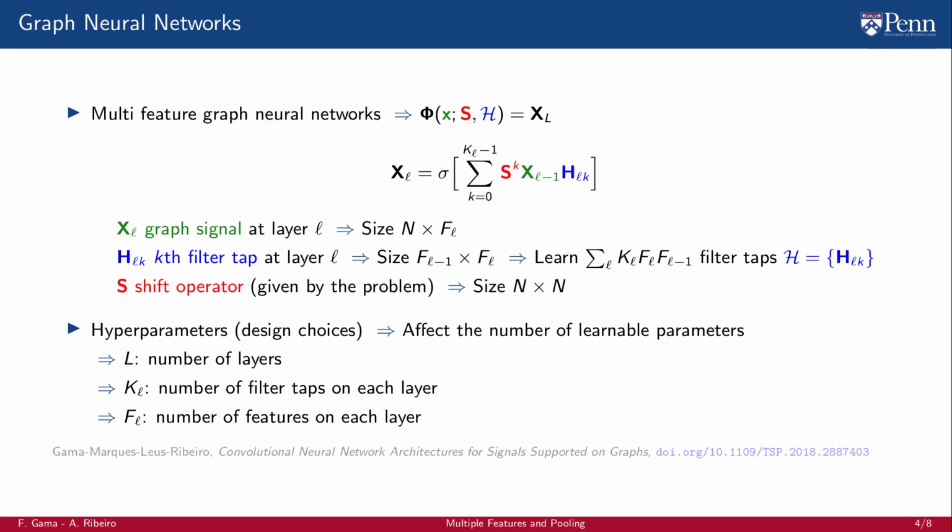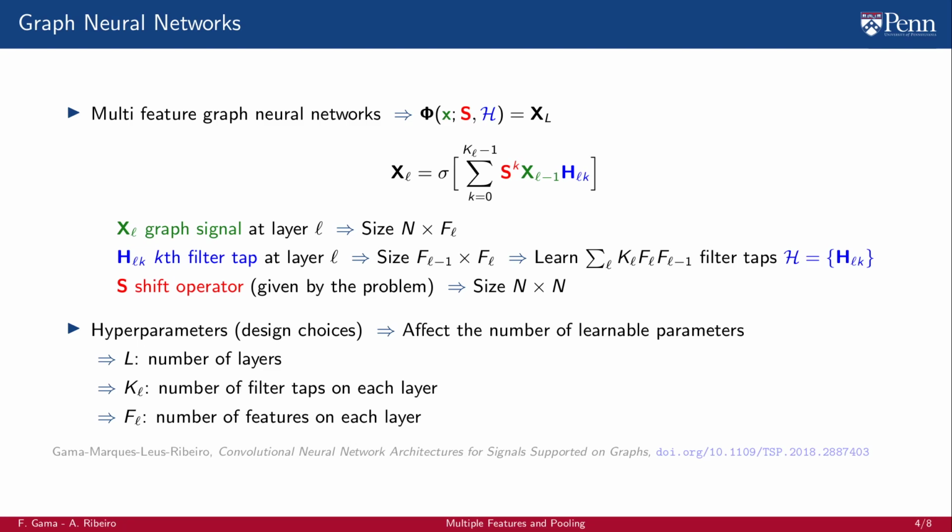The collection calligraphic H of all these matrices is now the one that contains the parameters to learn. Note that the number of parameters to learn is still independent of the size of the graph, big N. The design hyperparameters are the number of layers and the number of filter taps on each layer as before, but we also need to decide on the number of features that we want to have on each layer.